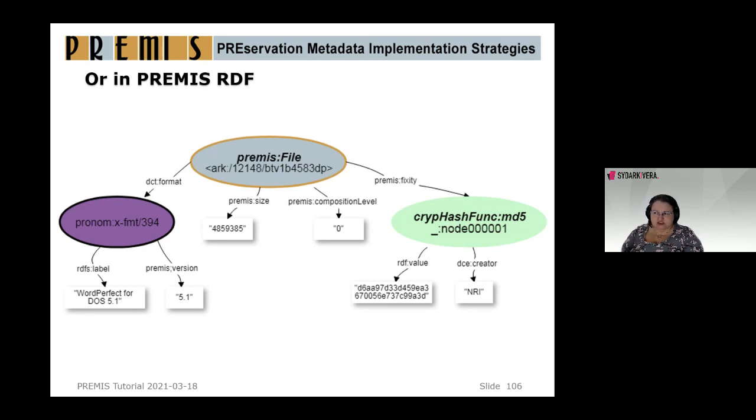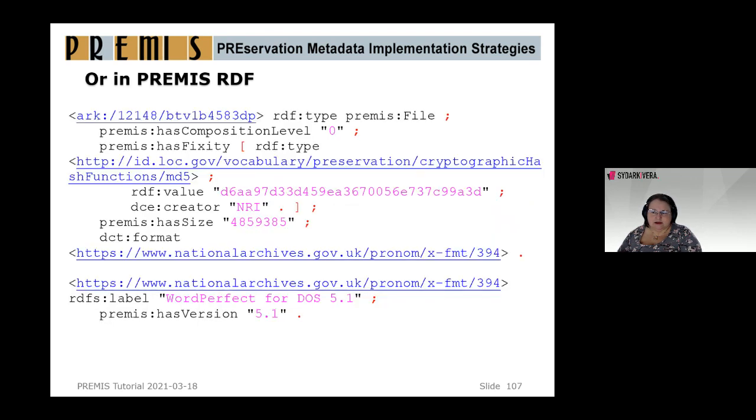We have the composition level, and we have the size, and we have the fixity using another ontology where we have a cryptographic hash function. I love all these acronyms. And we have the type being MD5. Here it becomes not the software, here we say the creator of the checksum and the value. This is kind of more easy to see when we do it in our PREMIS RDF.